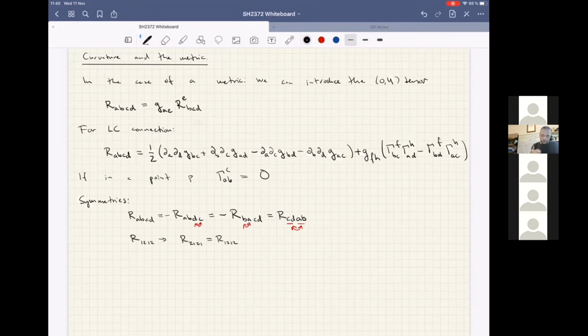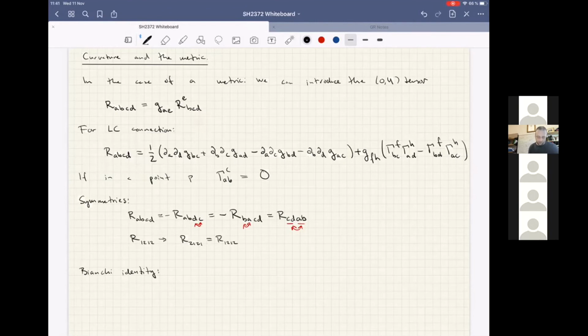And there is also an additional relation that is true for the curvature tensor, and it's the so-called Bianchi identity, which I'm not going to derive.